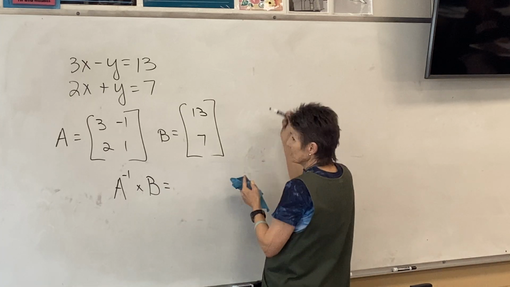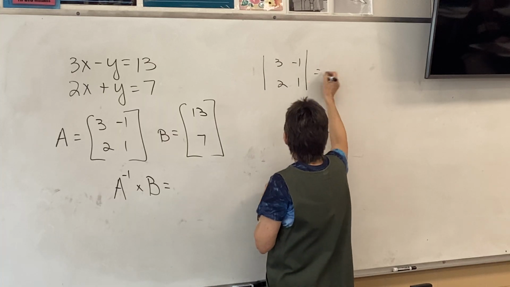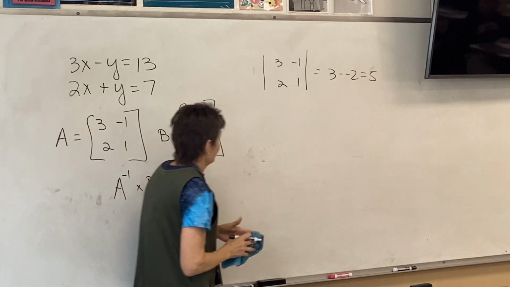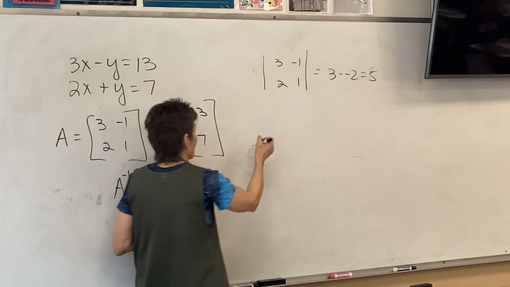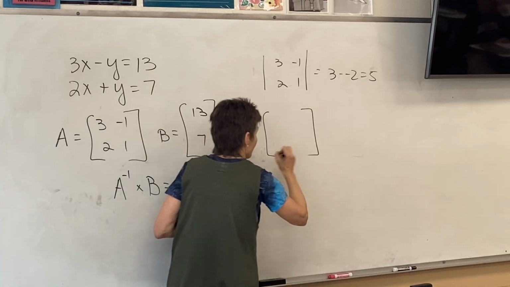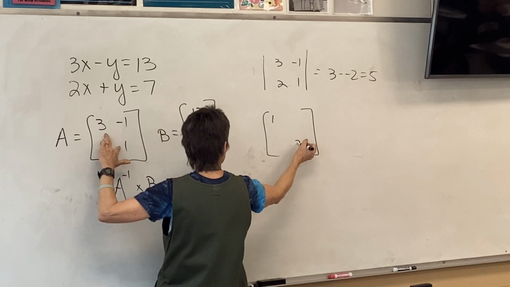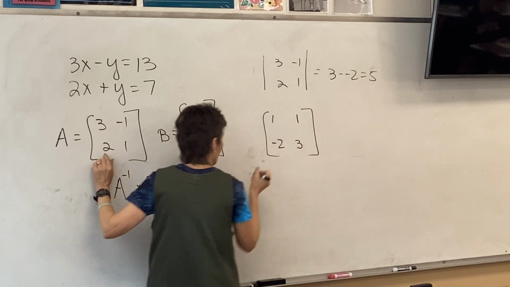Alright, so we're going to find the determinant. So 3, negative 1, 2, 1. Did you get 5? I got 5. Alright, then we build our new matrix. So this is going to be 1, 3, and negative 2, positive 1, how does that look?